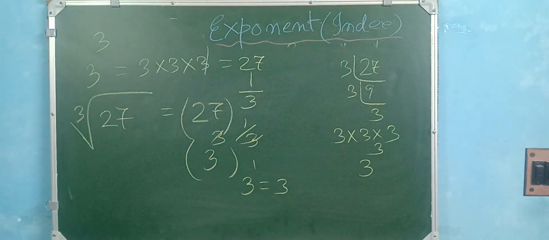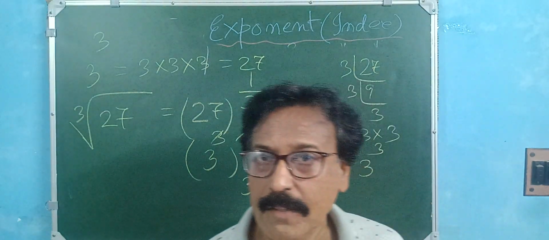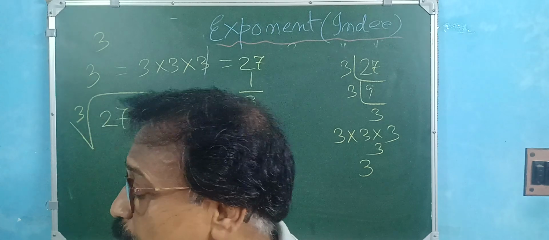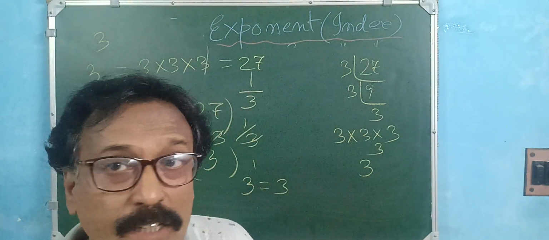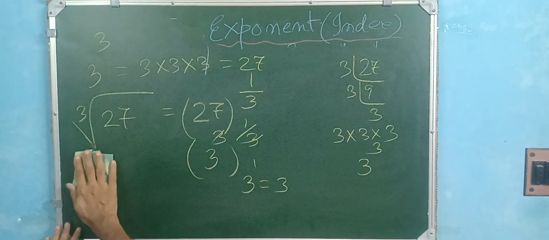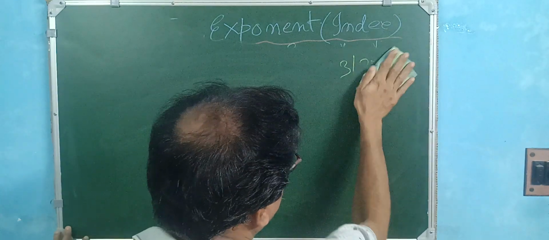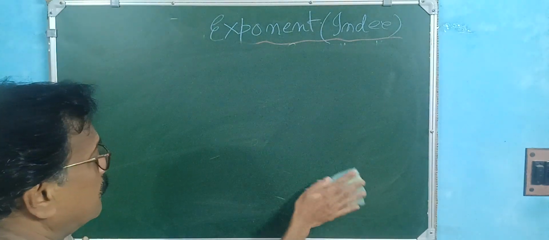Clear? This is the way. Clear? These all maintain a certain rule. Now I will discuss the rule here. This is actually called the laws of indices. We now remember and learn the laws of indices. These are different. This is the basic thing. Now I write here different laws.